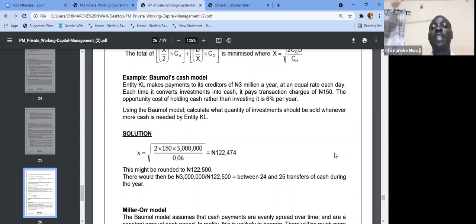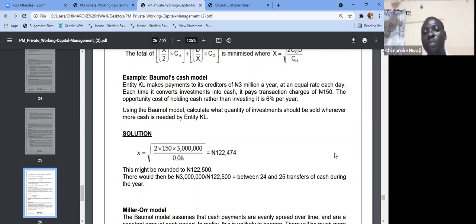Each time it converts investments to cash so that it can pay its creditors, it pays transaction charges, which is the ordering cost, so to speak, of 150 naira. The opportunity cost of holding cash rather than investing it, the holding cost, is 6% per year. You will need to convert the 6% to decimal.